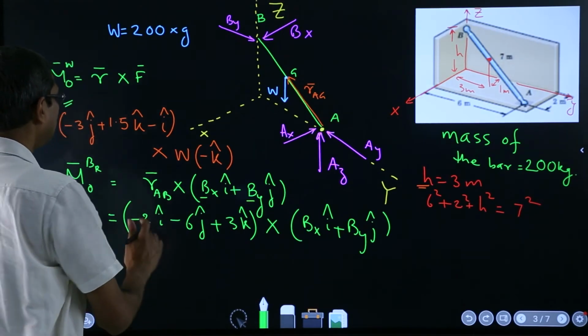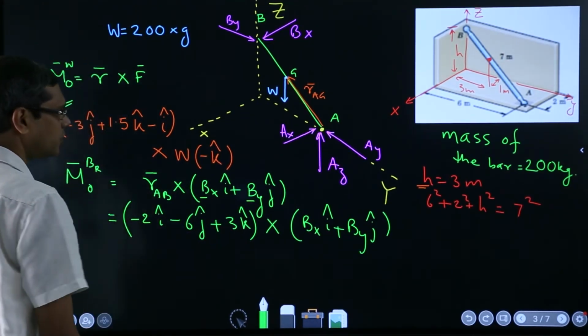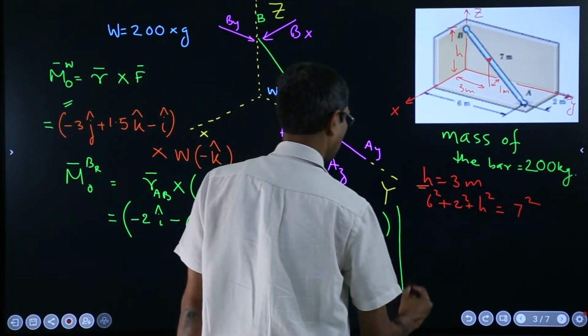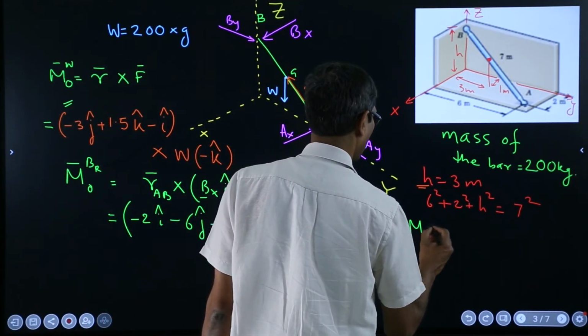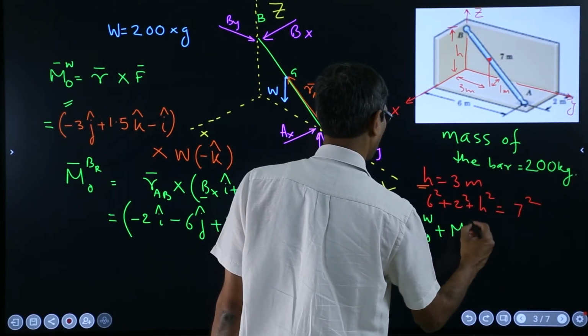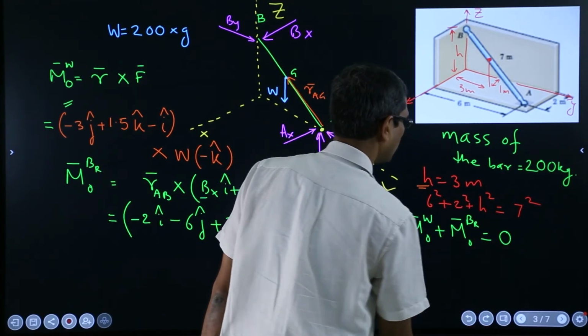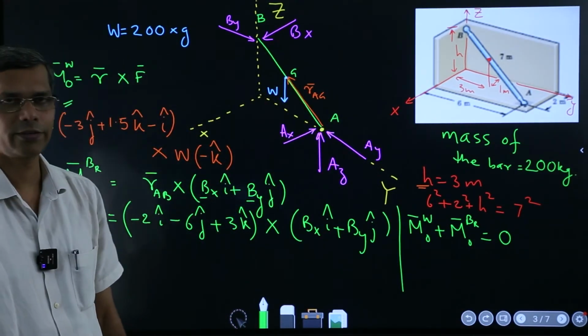Now the final equation which you need is this plus this to be 0. That means you have to do MO of W plus the moment about O of the reaction at B. That should go to 0 because everything is in equilibrium.